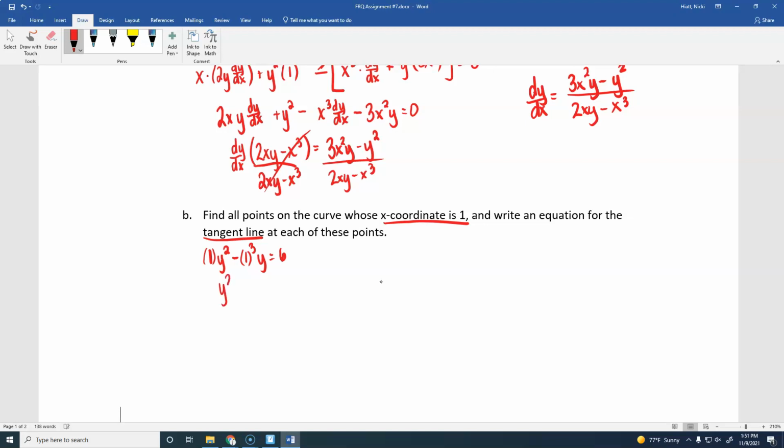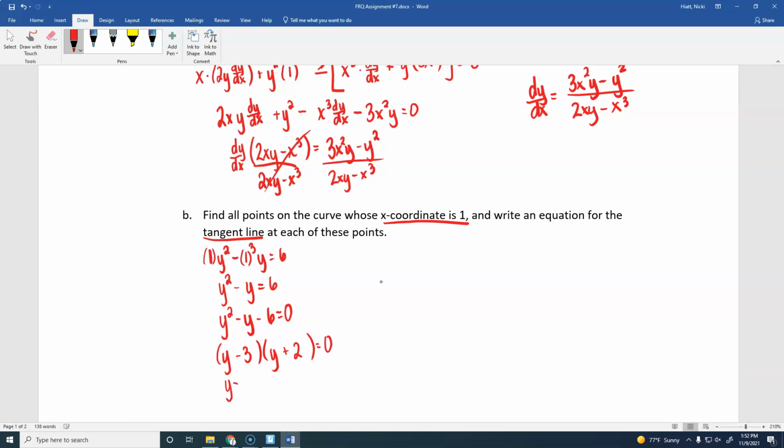So y squared minus y equals 6. How do I solve this? I need to factor, so I'll move everything to one side. And so we get a minus 3 and a plus 2.